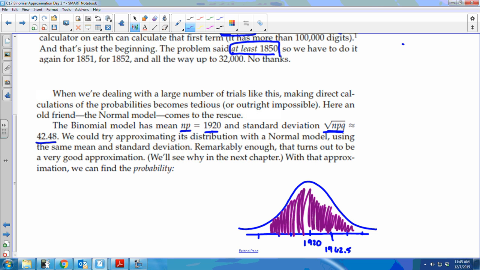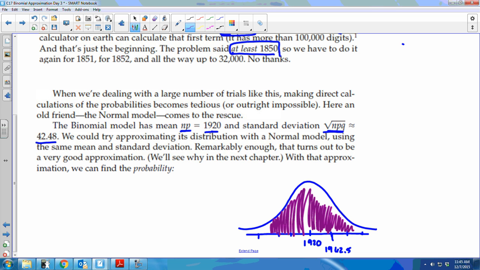Does that make sense? I could calculate that using normal CDF. Again, your calculator will do it for you with a binomial probability as well. It's not wrong. Both of them are going to be estimates, though.